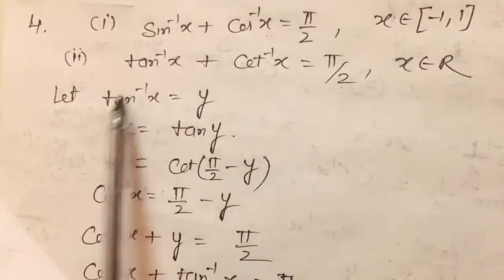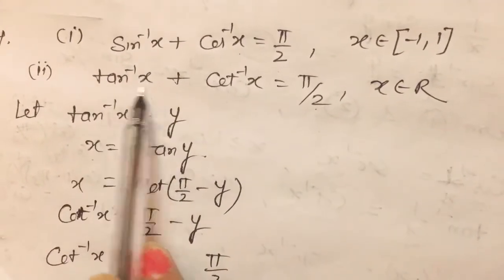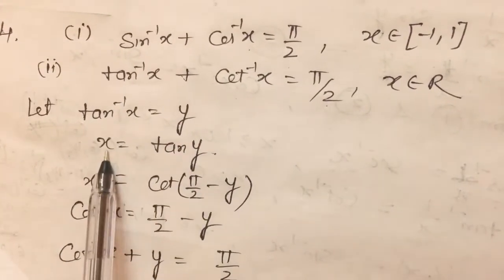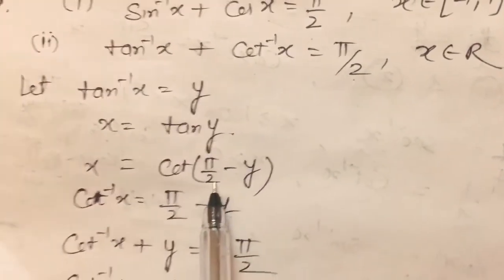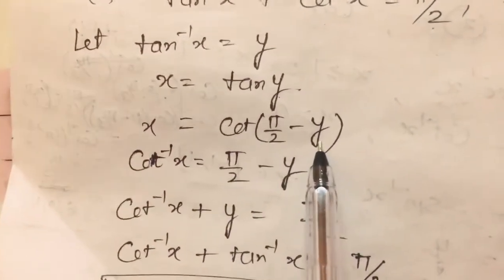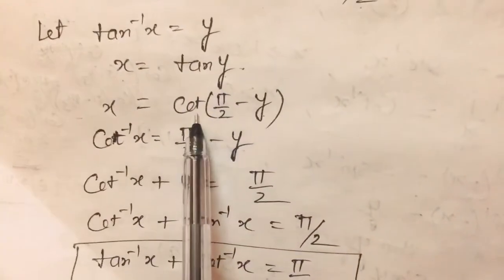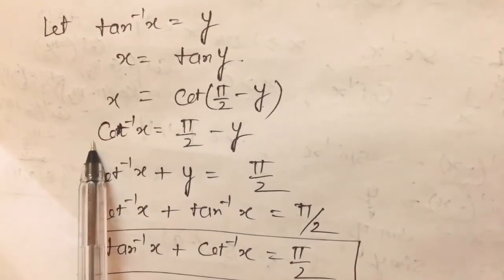Okay, so I am showing the second property. You can do the first and third in the same way. In this I am taking tangent inverse x is equal to y. So x will be tangent y, and tangent y we can write as cot of pi by 2 minus y, because cot of 90 minus theta is equal to tangent theta. So cot we will take on the left-hand side.